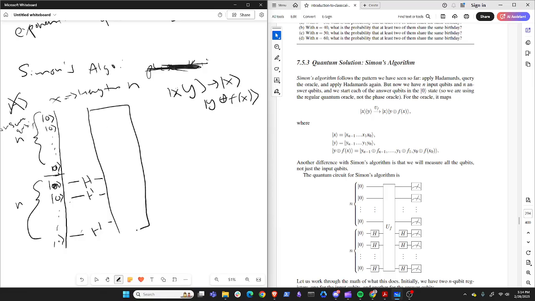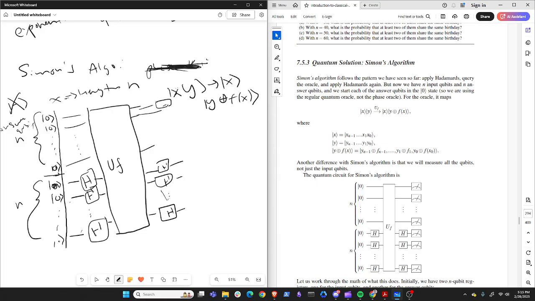And then everything gets passed through our oracle. The input qubits get Hadamarded again on the other side when they come out of the oracle, and we measure everything.